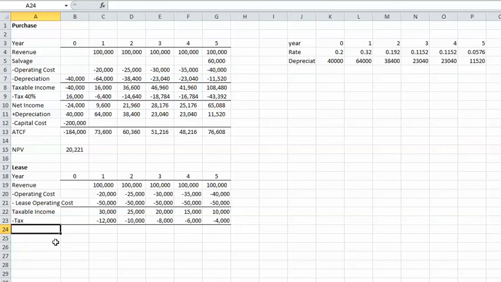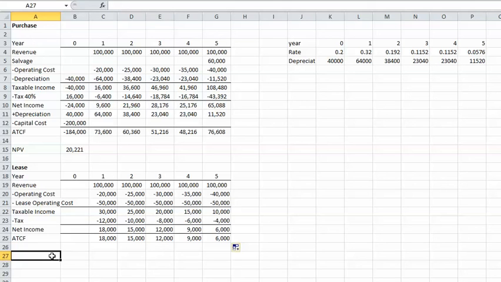Then we calculate the net income. And because we don't have anything else here for the lease payments, this net income is going to be equal to after-tax cash flow, which is going to be exactly these numbers.